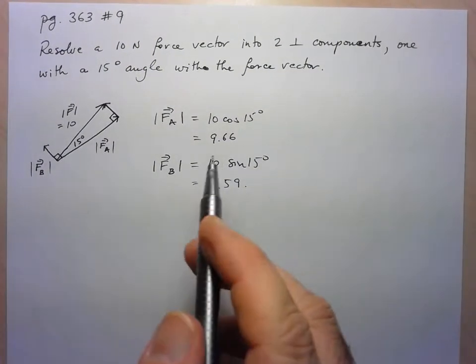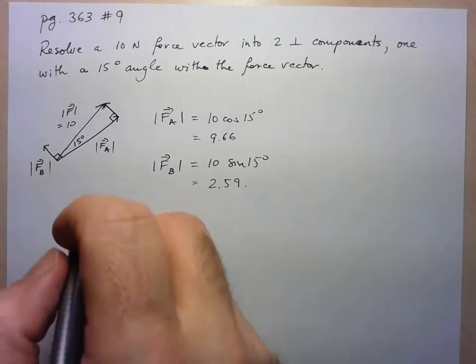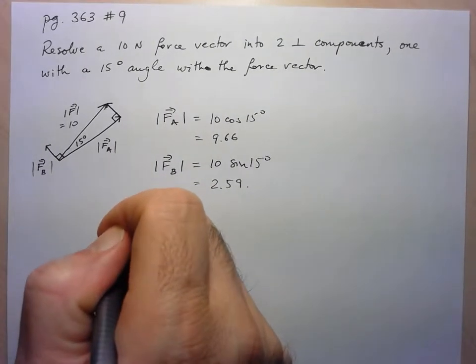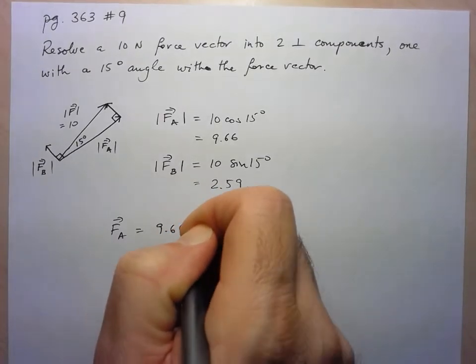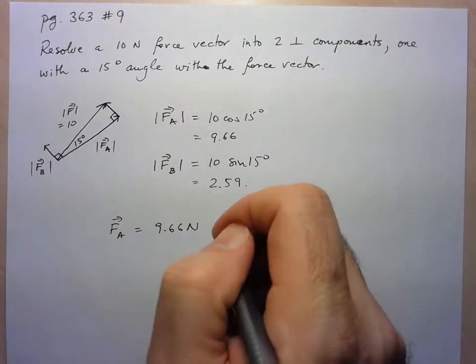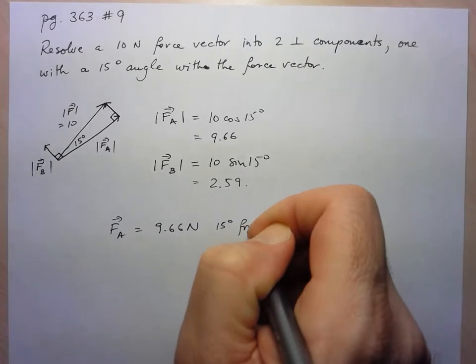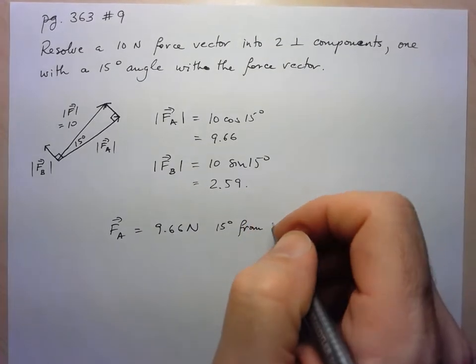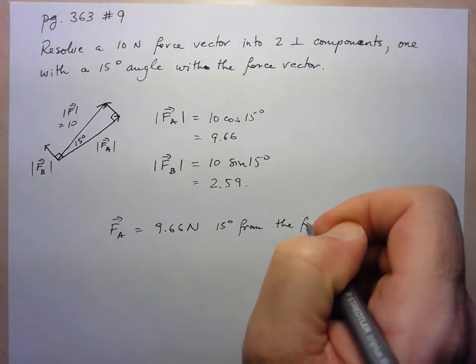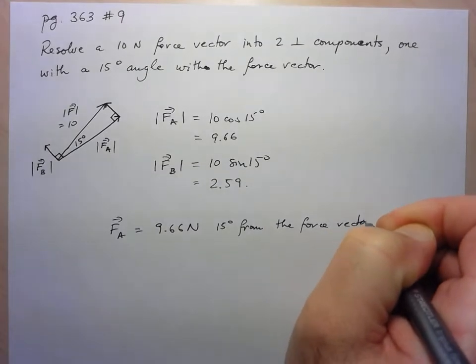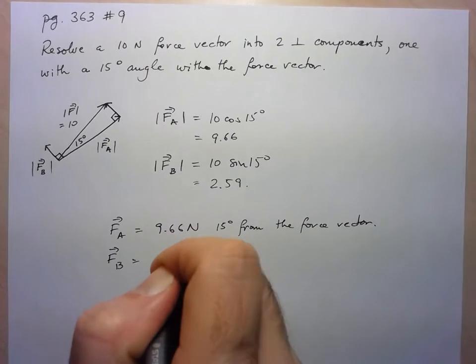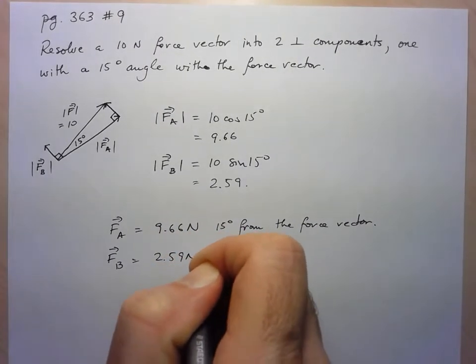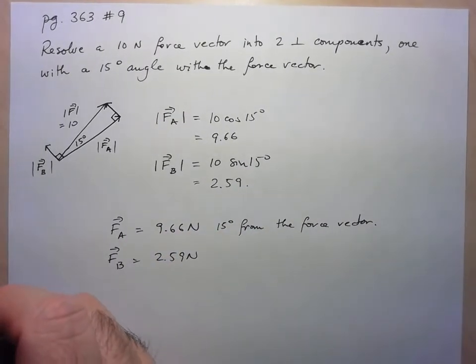Now in terms of giving these components as vectors, I guess we could say FA is 9.66 newtons, and it's 15 degrees from the force vector, and then FB is going to be 2.59 newtons, and I guess we can describe it in this way.